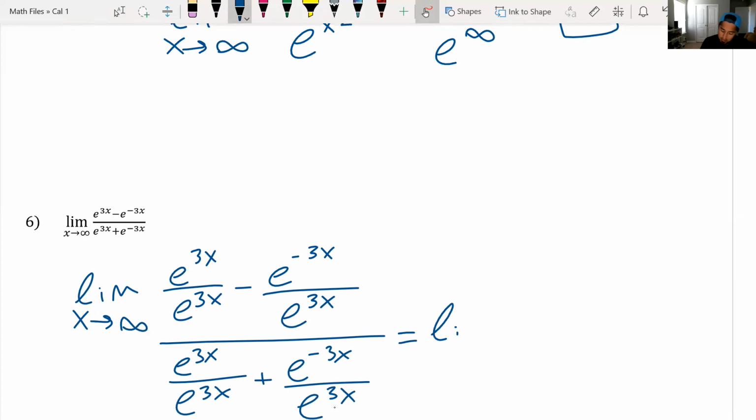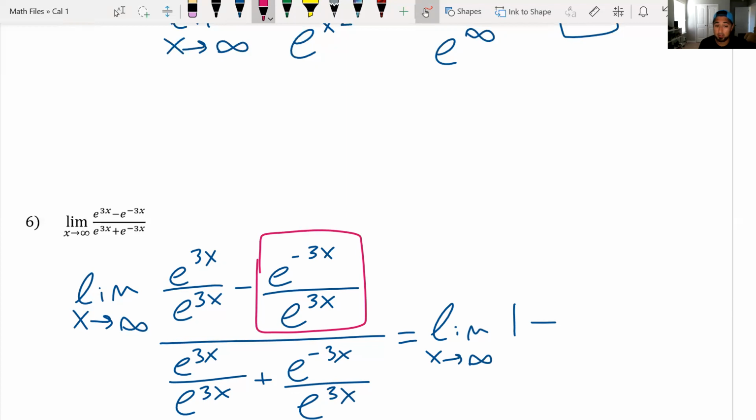All right. Cleanup. And you're going to get 1 minus, and this will use another exponential property, e to the negative 3x over e to the 3x.